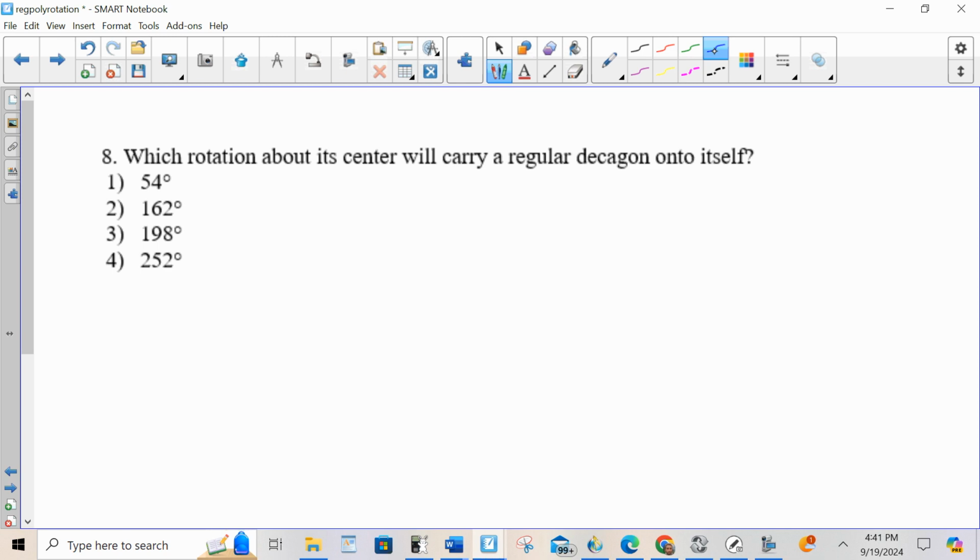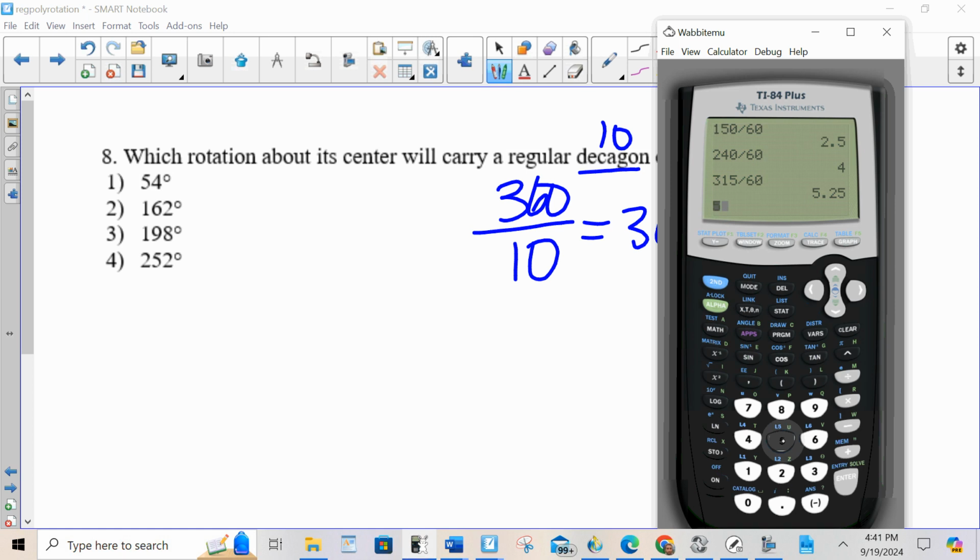If you're still following along, I would pause this and try this one on your own at this point. To find the minimum rotation, 360 divided by the number of sides. Decagon is 10. That's 36. It's not there, so I'm looking to see which of these is a multiple of 36. So is 54 a multiple of 36?